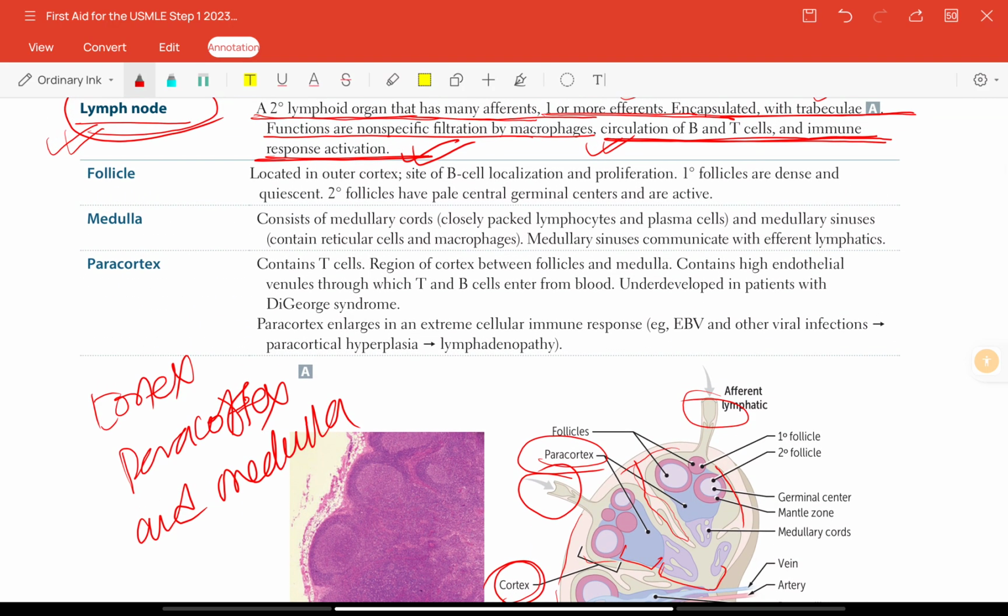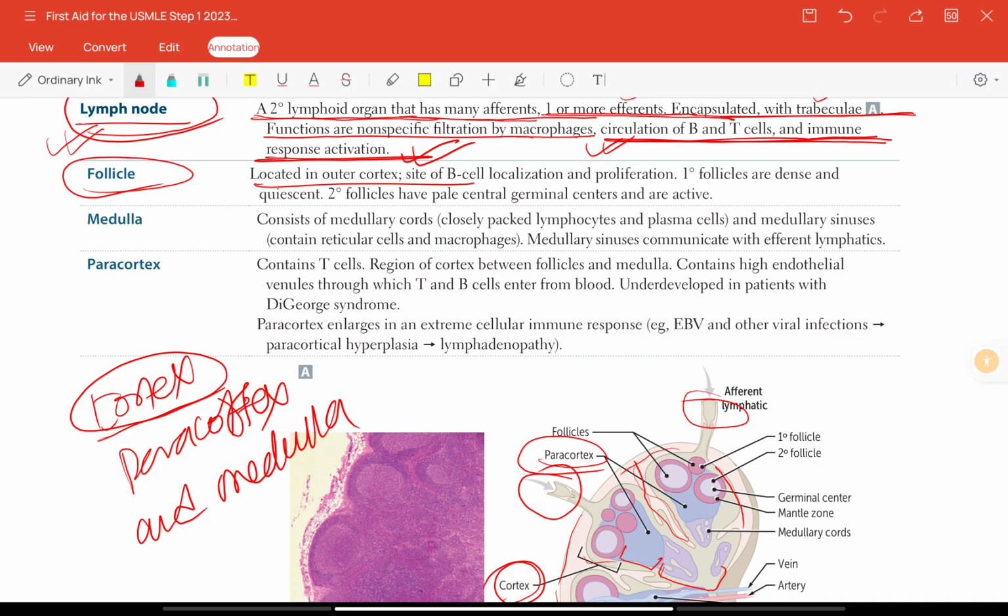So talking about the cortex, it consists of follicles located in the outer cortex, the site of B cell localization and proliferation. So follicles present in the outer cortex are the site for B cell localization and proliferation. Primary follicles are dense.